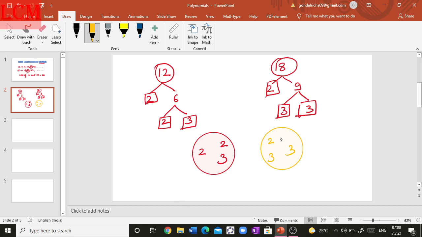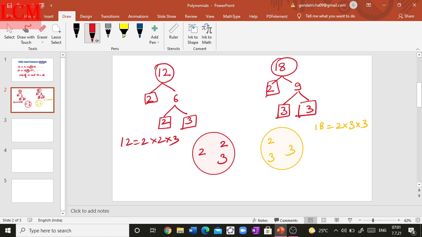These two circles are representing the prime factors of 18 and prime factors of 12. So the prime factors of 18 are the product 2 multiplied by 3 multiplied by 3. On the other hand, the prime factors of 12 are given by 2 multiplied by 2 multiplied by 3.